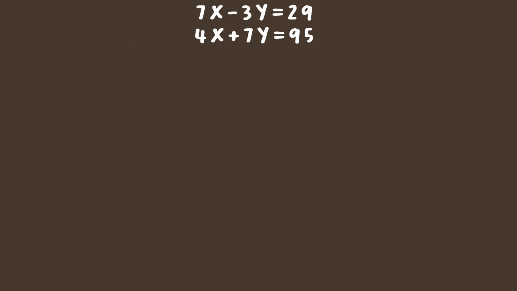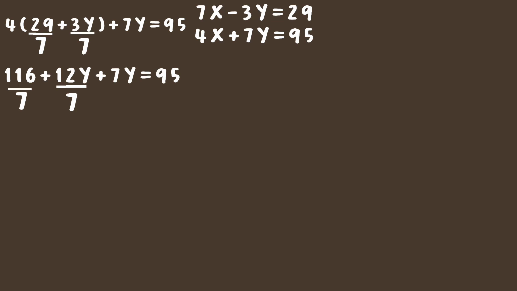And so to substitute, in the next problem, I substituted the x, the 4x, and I put 4 parentheses 29 over 7 plus 3 over 7y, close parentheses, plus 7y equals 95. I multiplied it and got 116 over 7 plus 12 over 7y plus 7y equals 95.